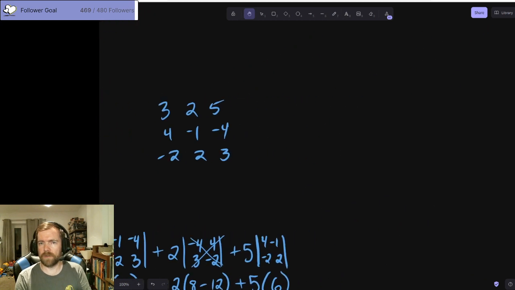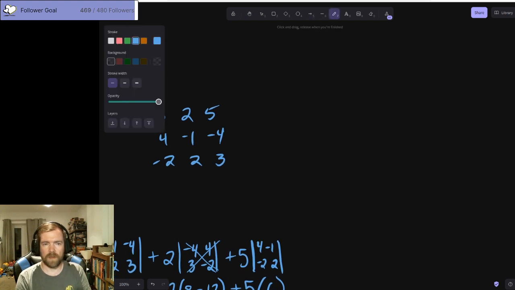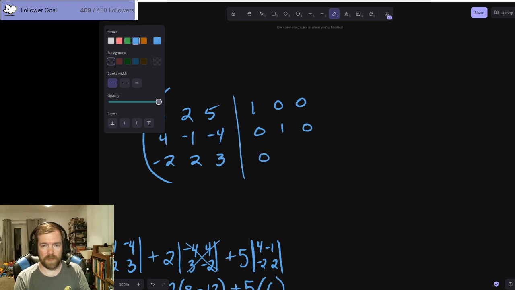I'm going to take those and augment them with a 3 by 3 identity matrix, and then solve for identity here.